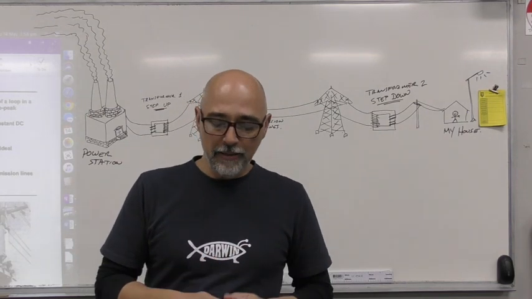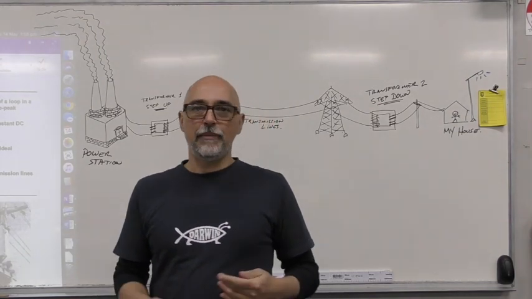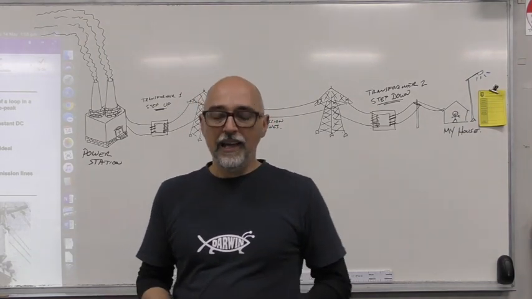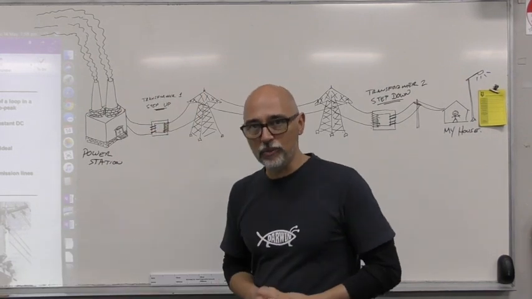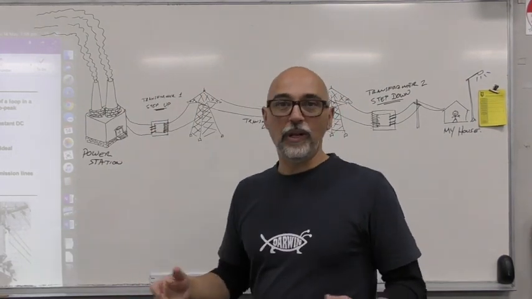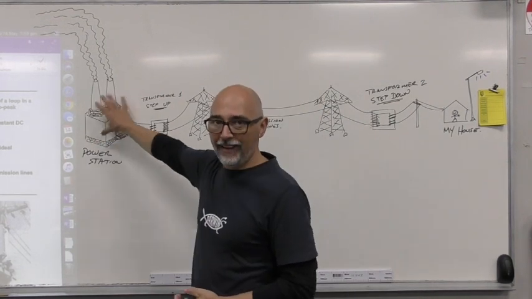All it does is it transfers from one form to another. So when we say how much power we're producing, we say how many joules per second. So let's say we're producing 1,000 joules per second, or what we would call 1,000 watts of power. Then 1,000 watts comes out.